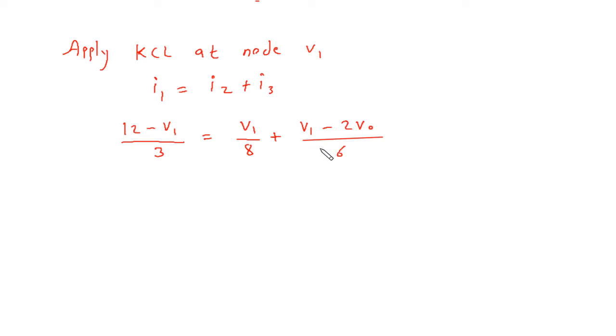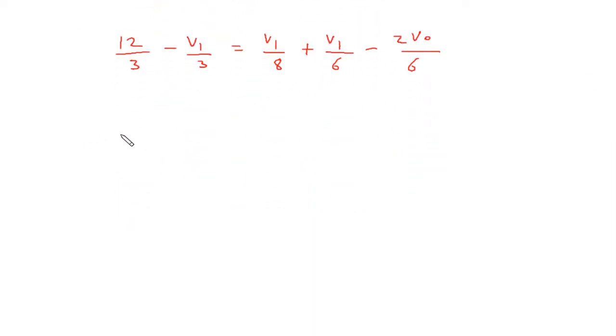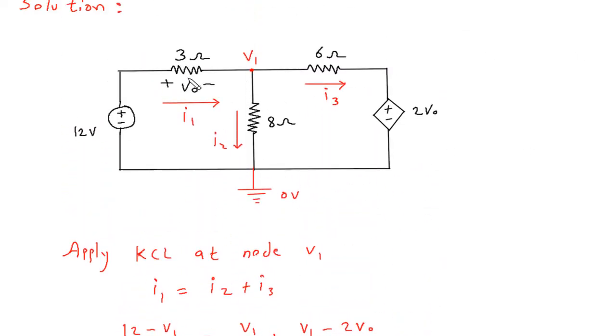So if we simplify this, it will be 12 by 3 minus V1 by 3 is equal to V1 by 8 plus V1 by 6 minus 2VO by 6. But this VO is equal to 3 into I1.